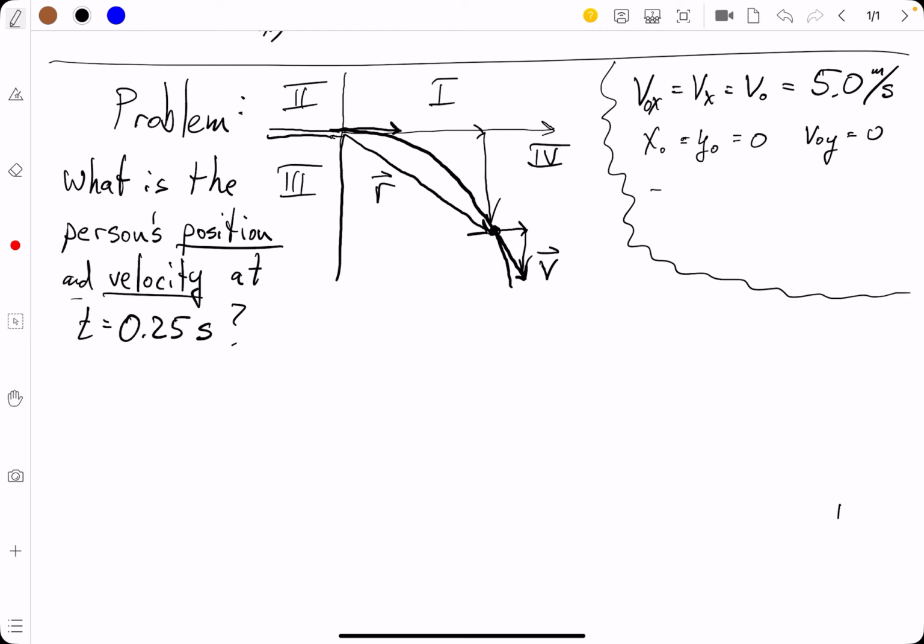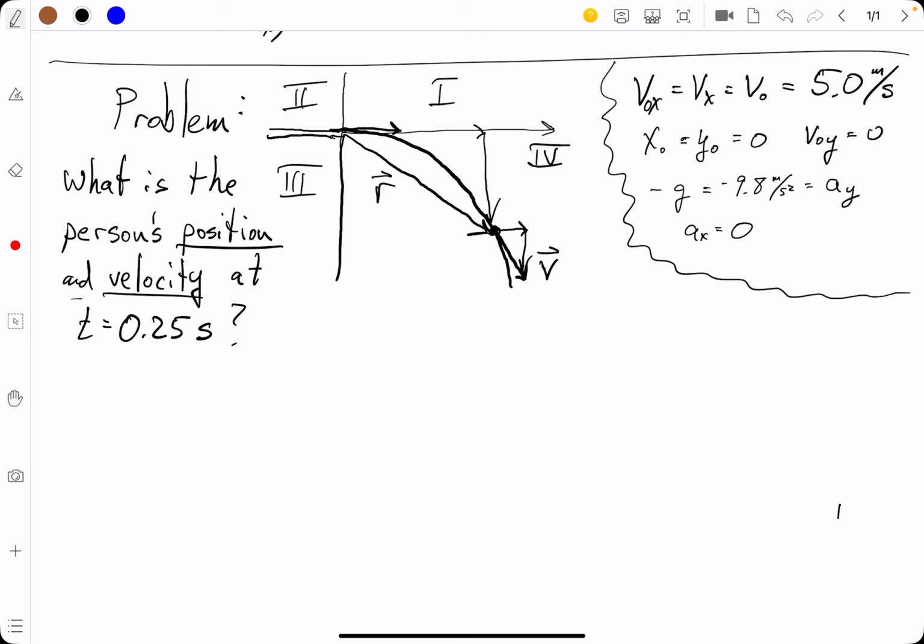We know that g is negative in our situation. We've defined this to be down, so g is negative, so that's minus 9.8 meters per second squared. And that is our acceleration in the y. And also, our acceleration in the x we know is 0. So all those things we know, we can plug numbers in later. We don't need to do much about that.